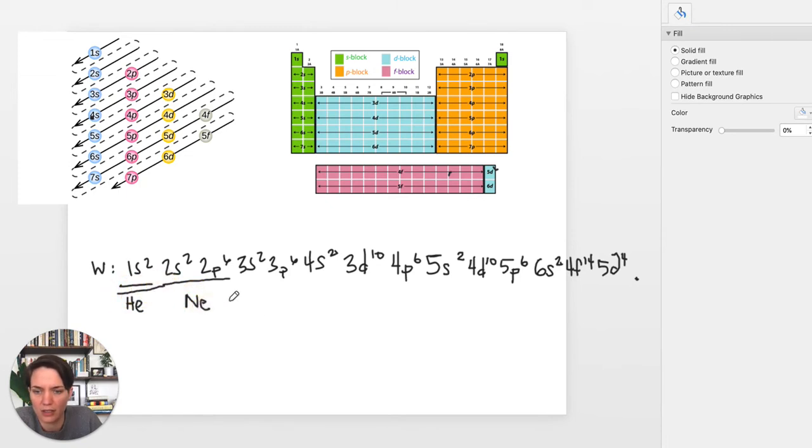So that would also encompass the 1s. If I had everything that preceded it and my 3s2 and my 3p6, that would be argon. If I continued and I got all the way to my 4p6, that would be krypton.